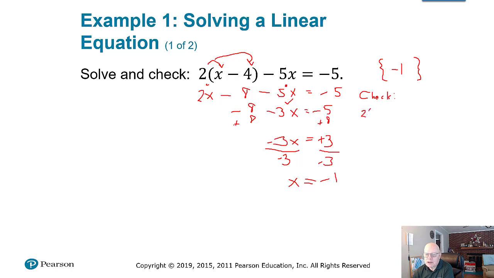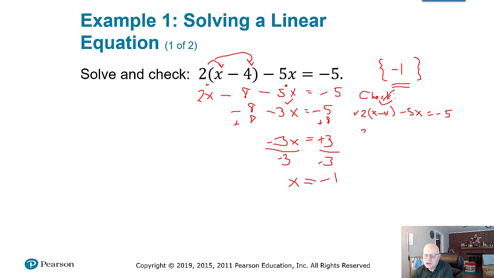Always go back to the original. 2 times x minus 4 minus 5x equals -5. Always start with the original. Good. Next, we're going to put that -1 that we found into the x, because x is supposed to be -1.